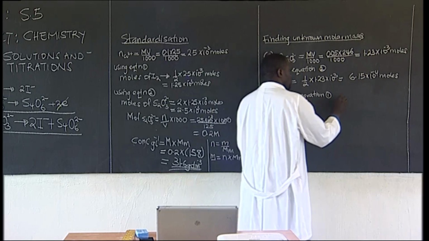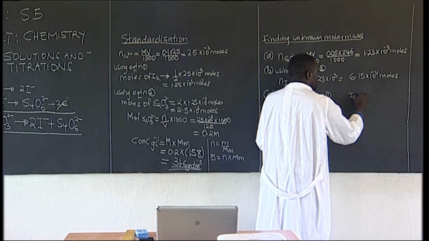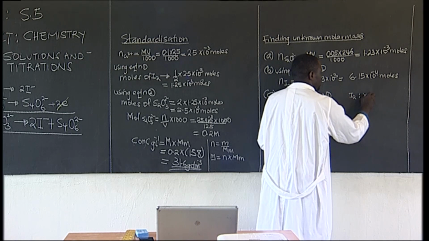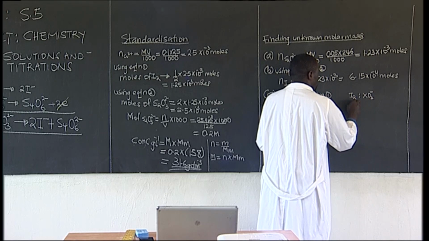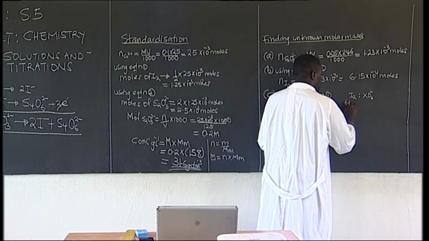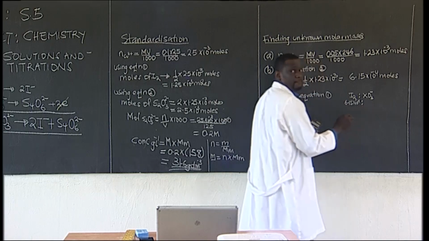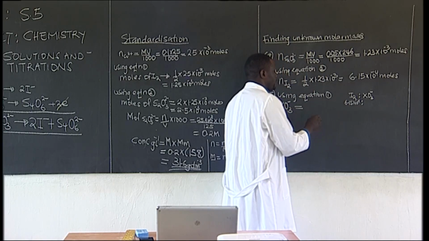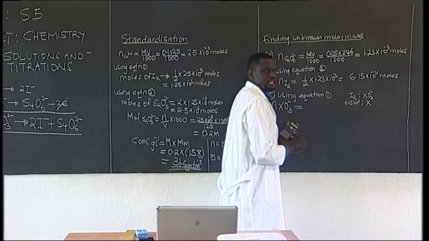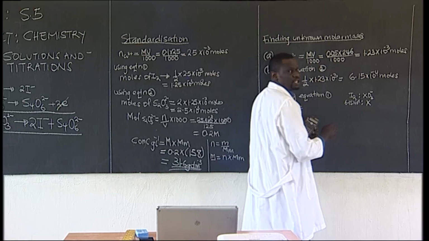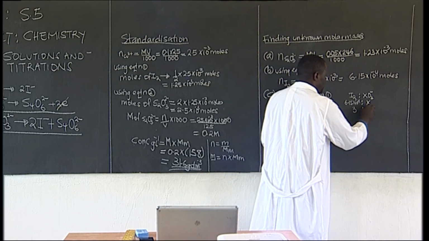If you have a problem with the mole ratio, you can do it like this: iodine is 6.15 times 10 to the power negative 4, X-onate is x. The ratio for iodine is 3, and for X-onate it is 1.